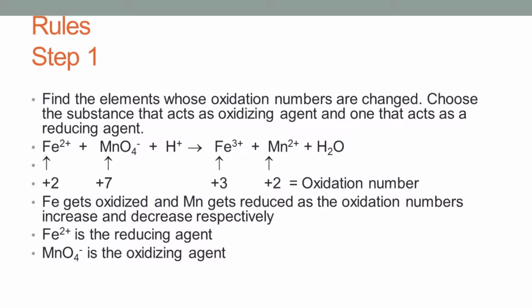Manganese in manganate ion requires electrons. Therefore, it helps in gaining the electron. Therefore, it's called an oxidizing agent. The oxidizing agent brings about oxidation, and the reducing agent brings about reduction, and it helps in the process by providing electrons and gaining electrons.